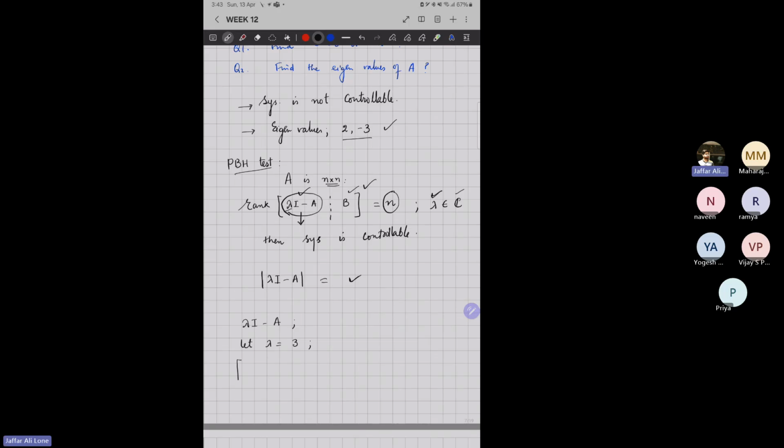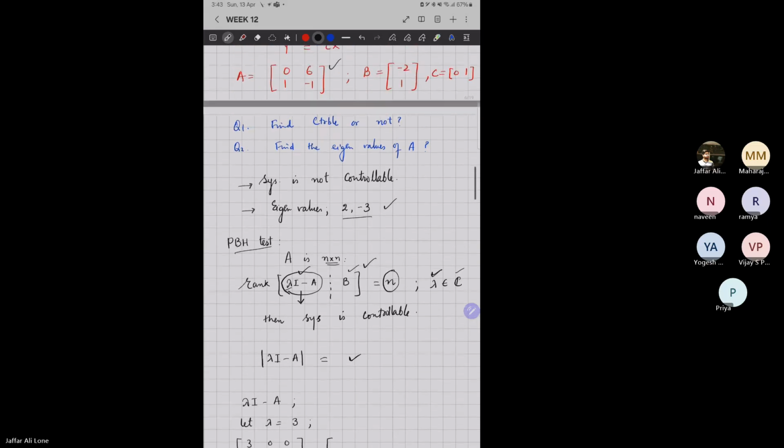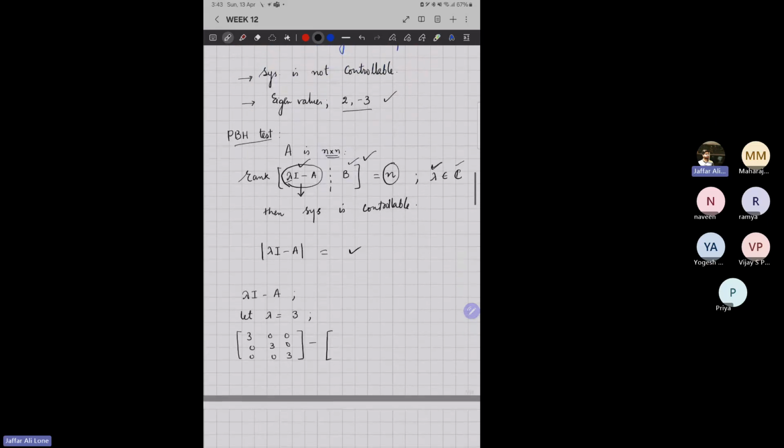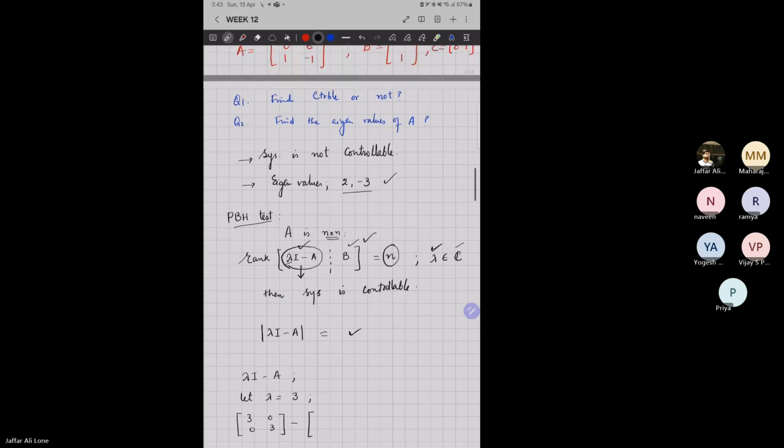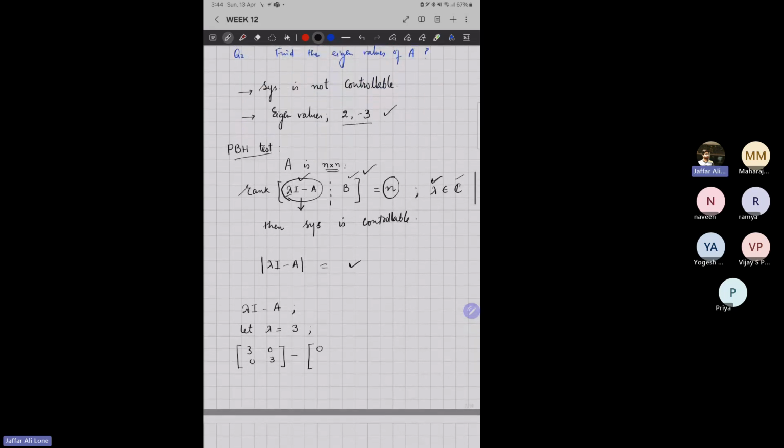So then it will be 3 0, 0 3 minus A, which is 0 6, 1 minus 1. Sorry, it's 2 by 2 only.